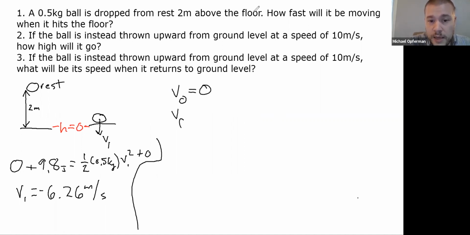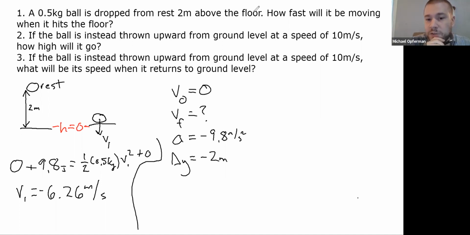Final velocity is my unknown that I'm solving for. Acceleration is gravitational acceleration, minus 9.8 meters per second squared. Delta y is negative 2 meters because it goes down by 2 meters. That's enough information to pick a kinematic equation. The right one to choose would be VF squared equals VO squared plus 2a delta y.